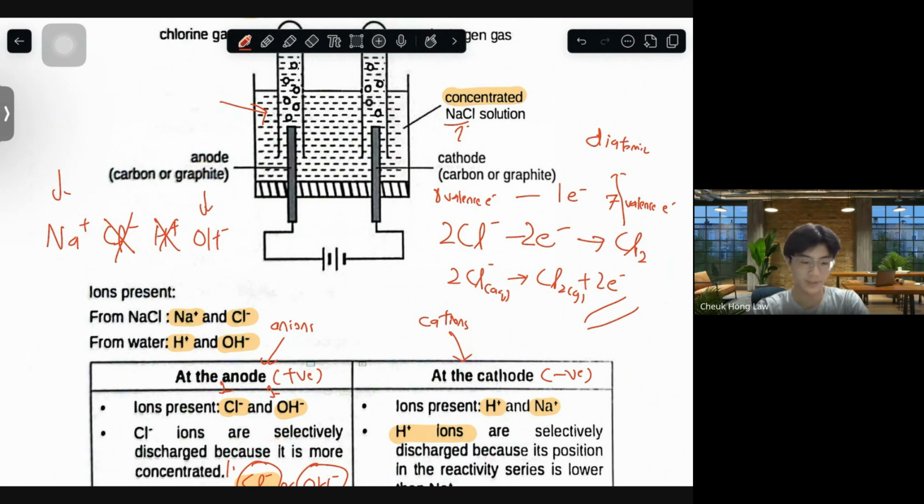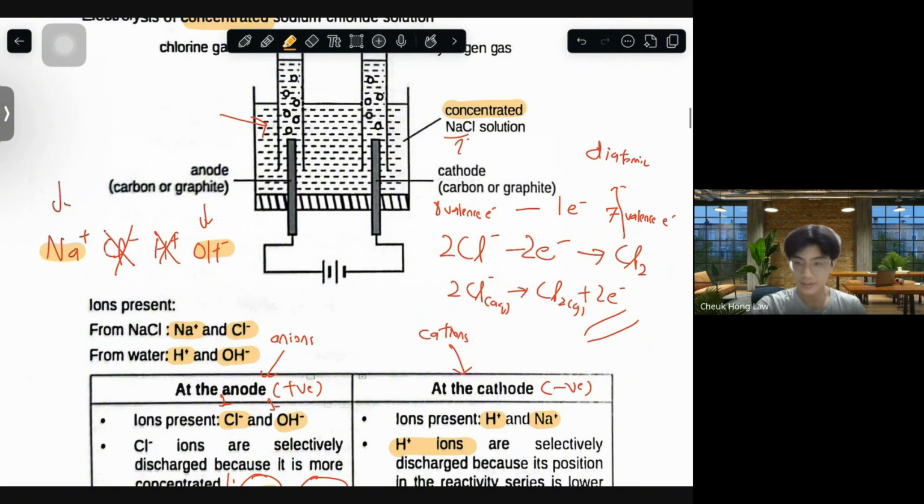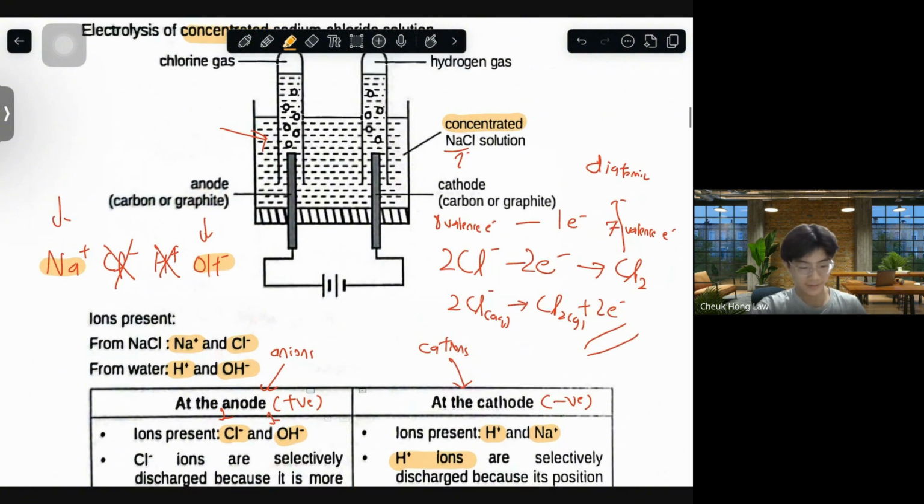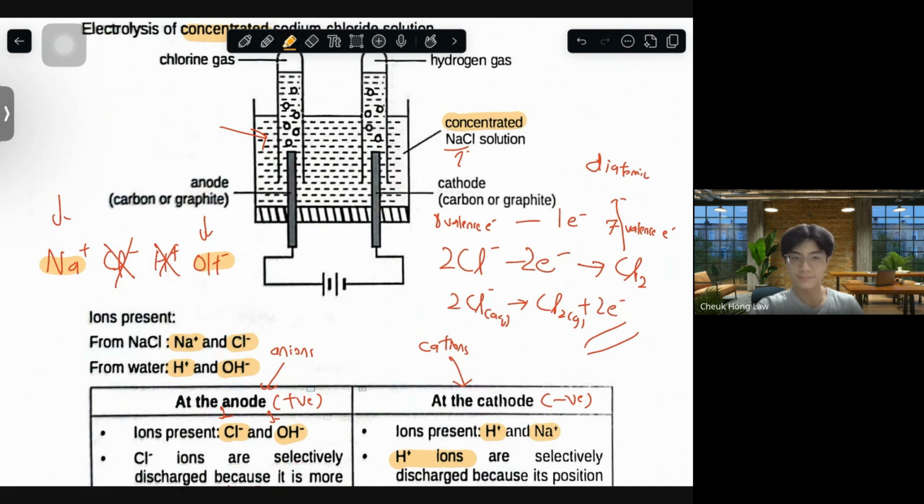If we are left with these 2 ions, what is the compound that is remaining in the electrolyte? Anybody? NaOH.